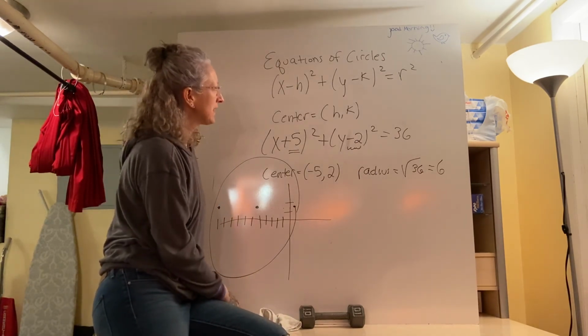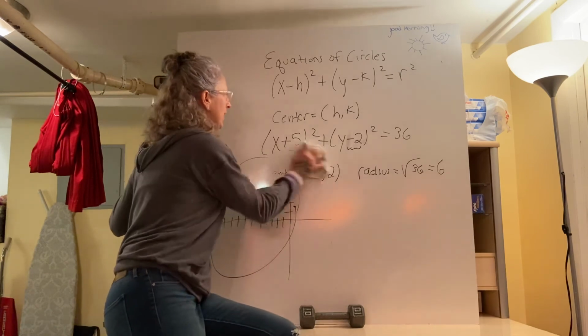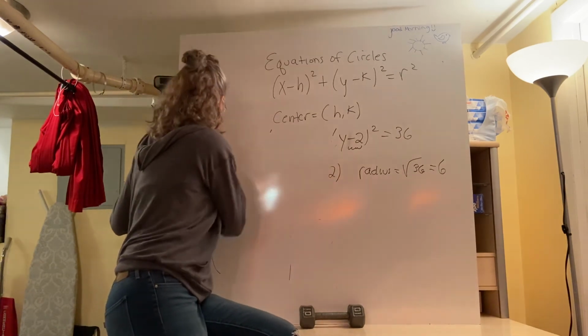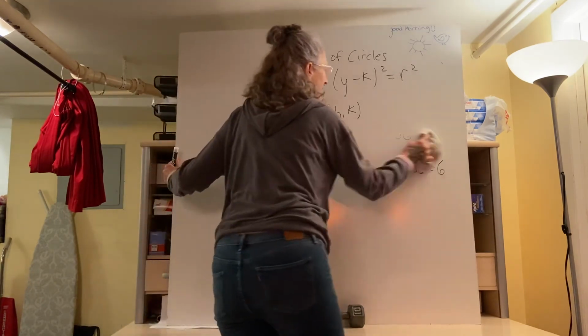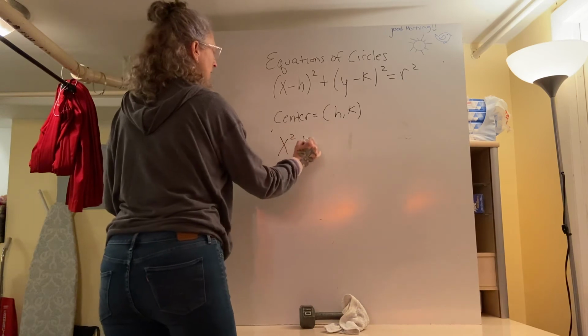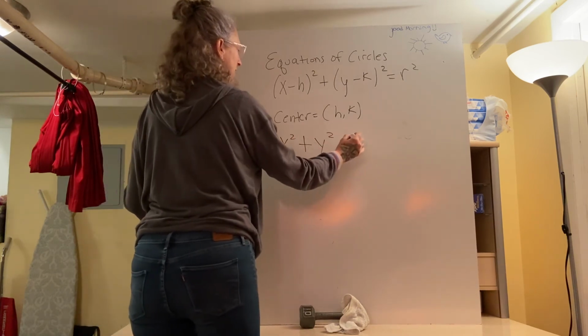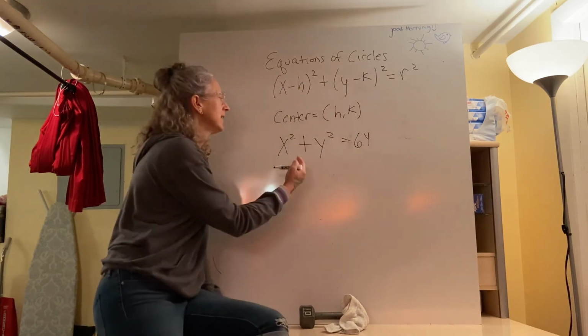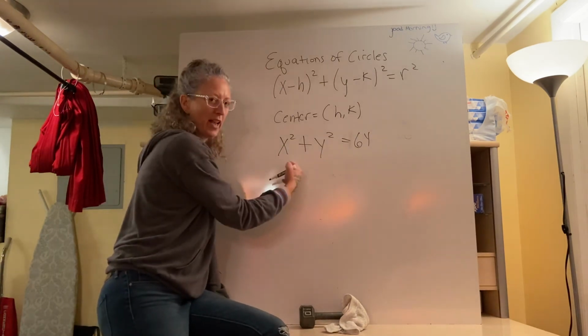Hopefully that's pretty clear. Oh, let's do one more quick example. What if I have an equation that is x squared plus y squared equals 64? Where's my h and my k? I don't have an h and a k.